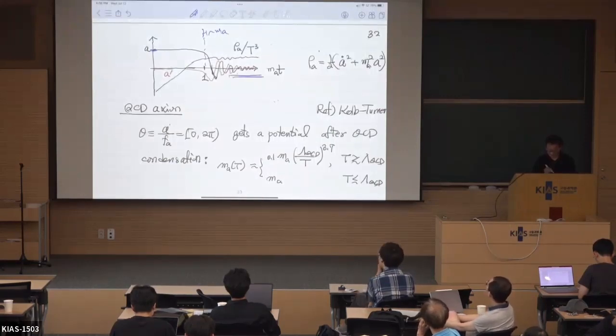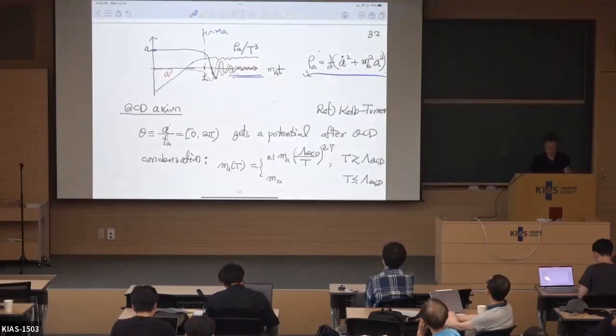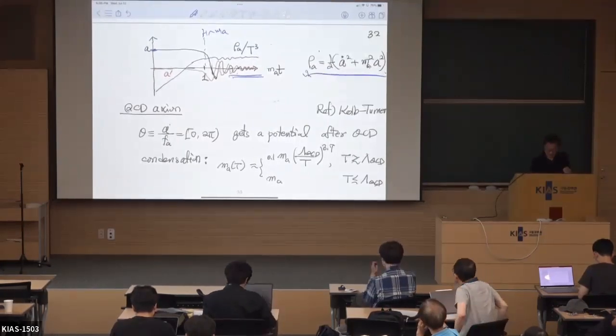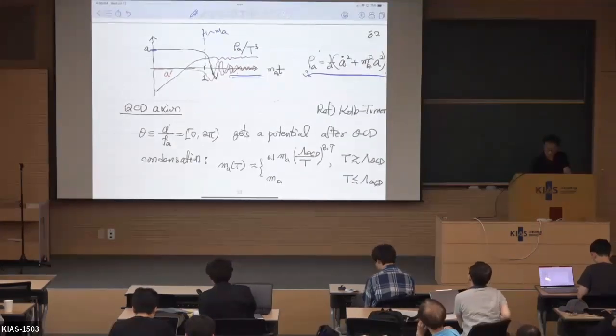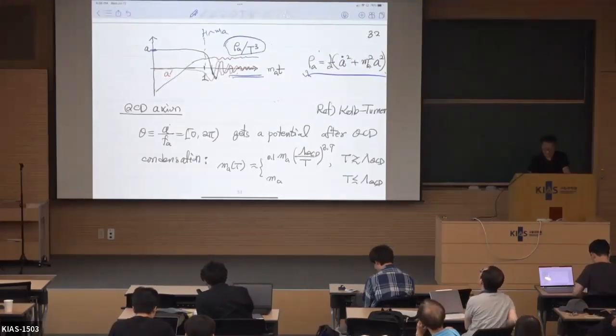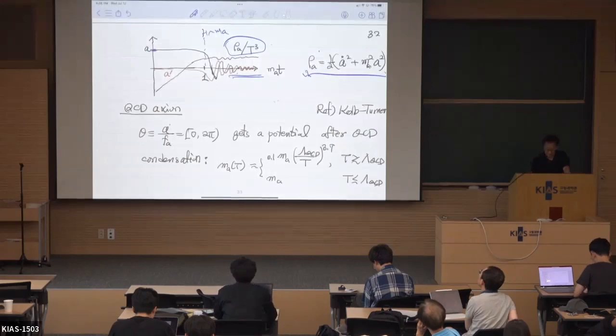We have this kind of behavior, and from this we get the energy density behaving like this. Here I just showed rho_a, the energy density divided by temperature cubed. At infinite time, energy density is proportional to temperature cubed, just like a matter energy density, right?